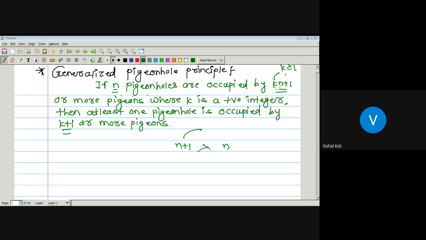It means the number of pigeons is greater than the number of pigeonholes. Then by the pigeonhole principle, at least one pigeonhole is occupied by two or more pigeons. That is, as k is equal to 1, at least one pigeonhole contains two or more pigeons. Similarly, for k is equal to 2, k is equal to 3, and so on.